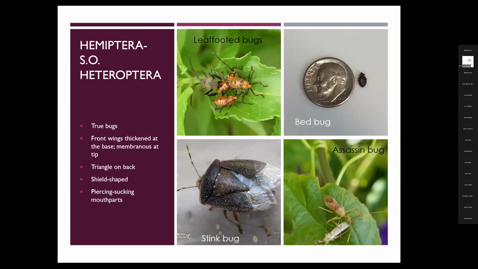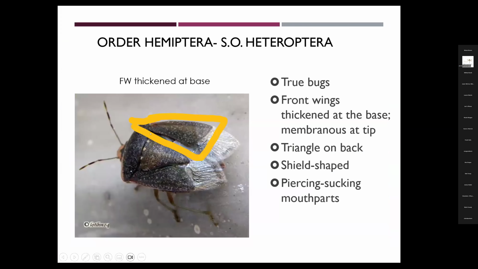All right, looking at just the suborder Heteroptera. These are the true bugs. And while not all of them have wings, the ones that do have wings are going to have what is called a hemelytra. So when you look at the wing, the front part of that wing is going to be hardened.